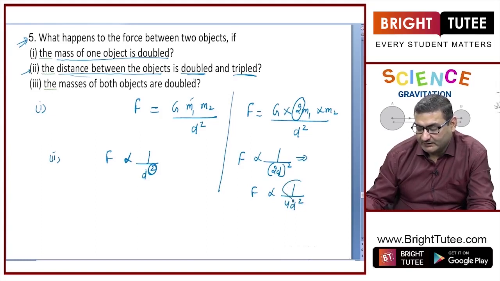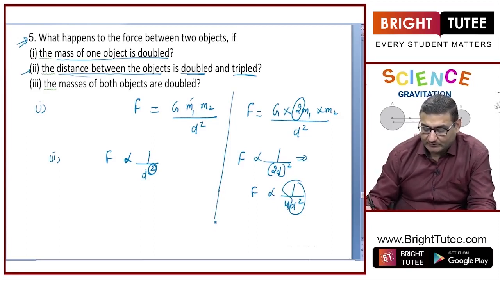So, if initially it was 1 upon d square, now by doubling the distance, I see that the force is basically 1/4.